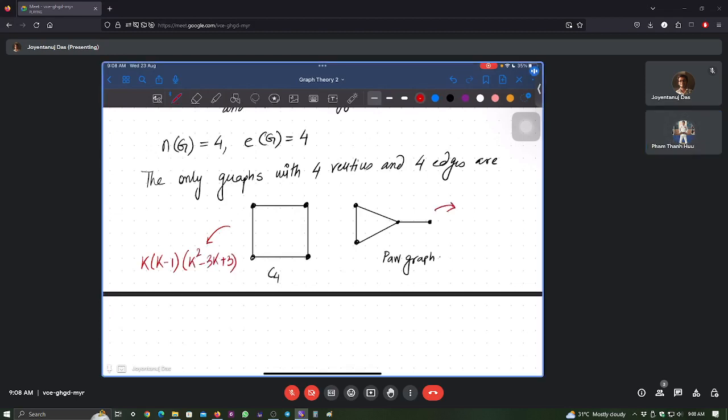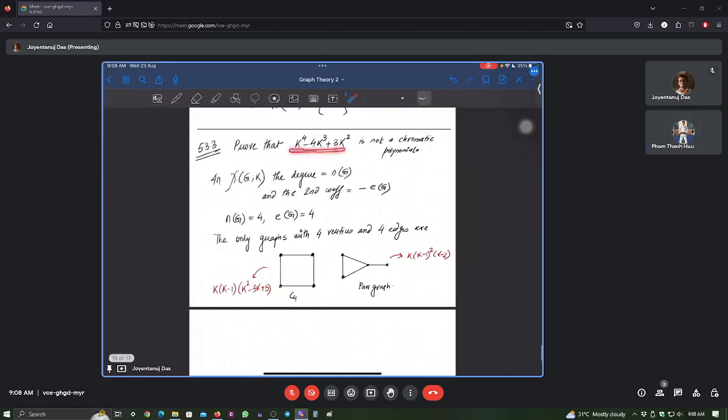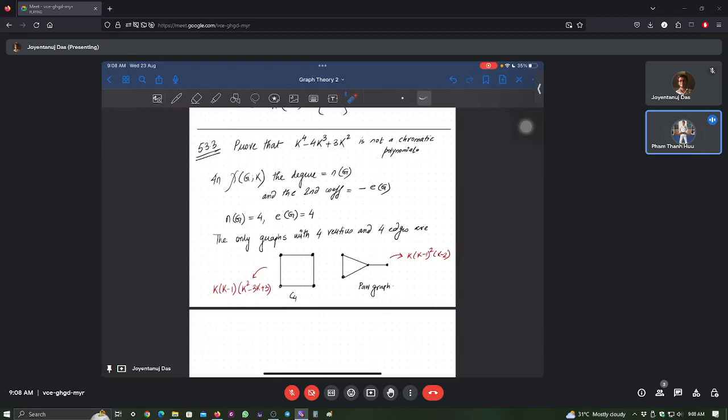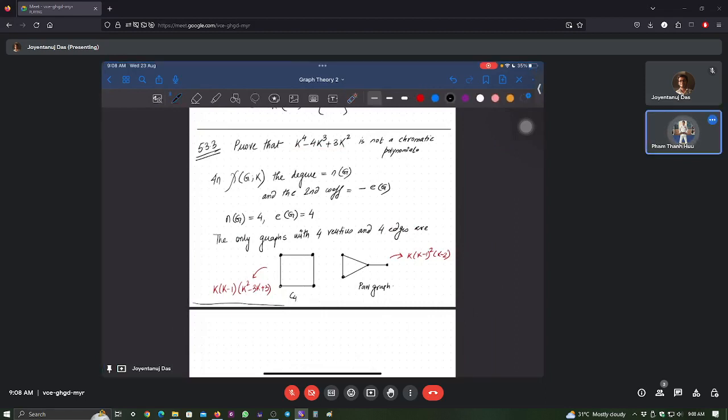And this one we just computed: it is k into k minus 1 whole square into k minus 2. But none of them matches with this if we expand. So it cannot be a chromatic polynomial of any graph. Fine, it's okay.